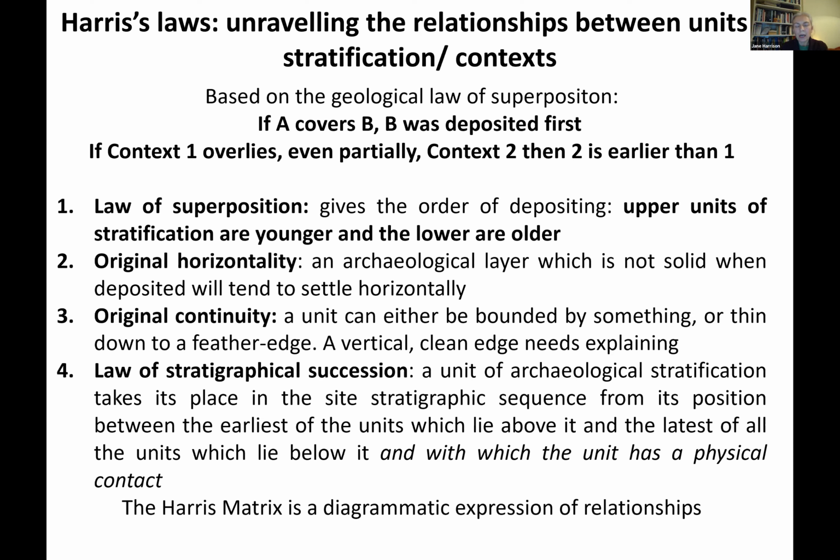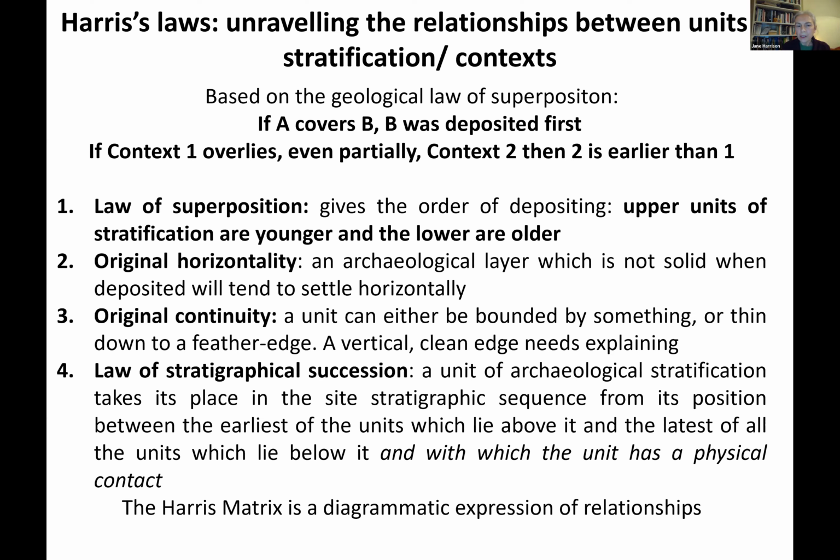His way of helping to understand that is a thing called a Harris matrix. A Harris matrix is a diagrammatic expression of all the relationships on the site. The great thing about it, and the reason why I'm introducing it to you, or you may already have met it, I'm sure many of you have, is it's a brilliant way of making us think about how the site is put together.